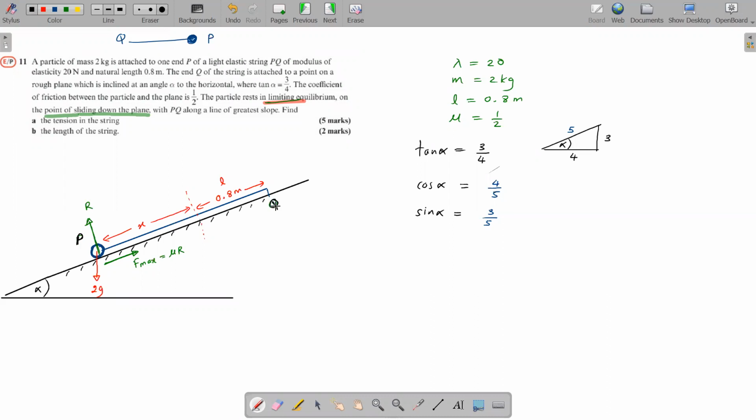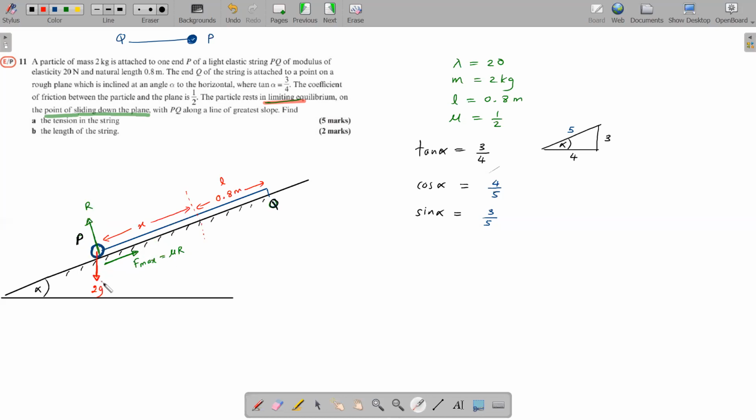And you have the friction. When working on an inclined plane, we have the habit of taking all our forces in the direction along the plane and perpendicular to the plane. So you can see here friction is along the plane, normal reaction is perpendicular to the plane.